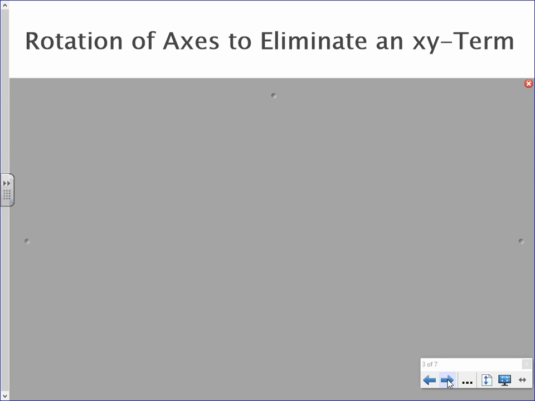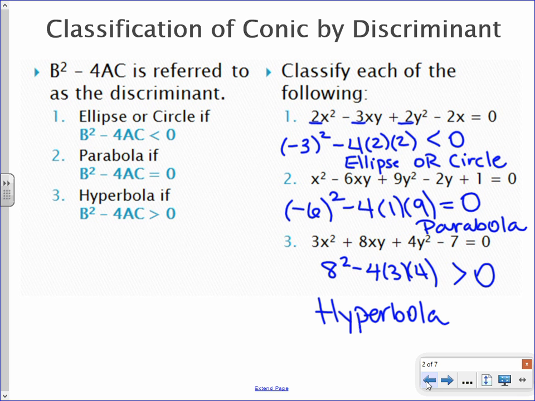How come we're able to classify what it is by the discriminant? Why does this work? Yeah, why does it work? After all the years of teaching patterns. Let me see here.